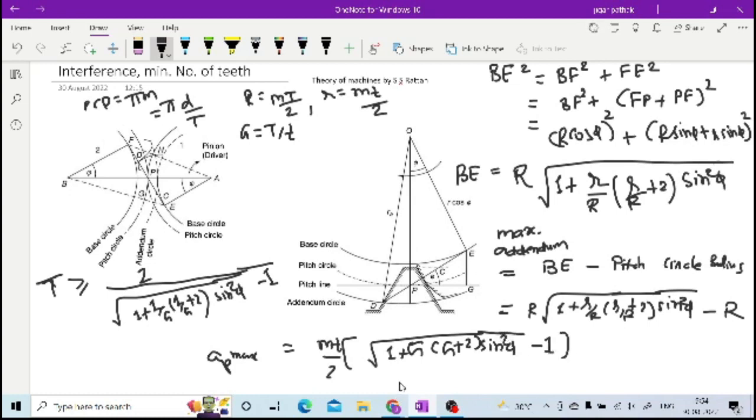This is how you can calculate it, and further you can also have the minimum number of teeth on the pinion from this, as we have calculated for the gear.